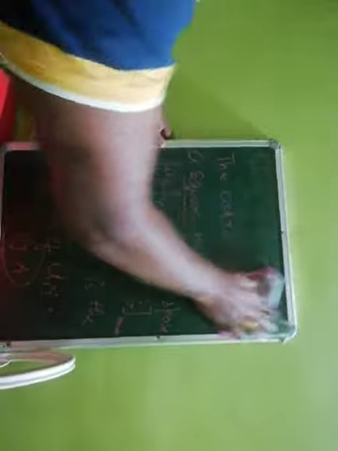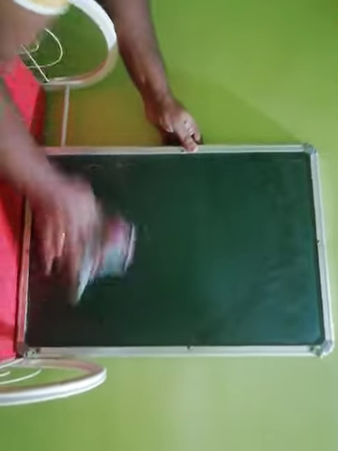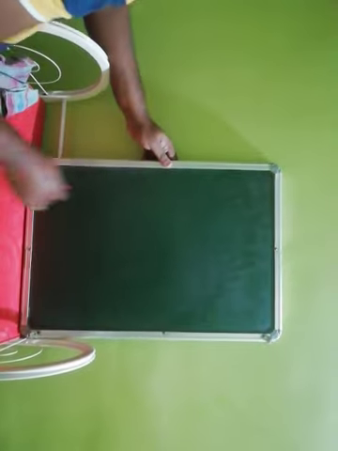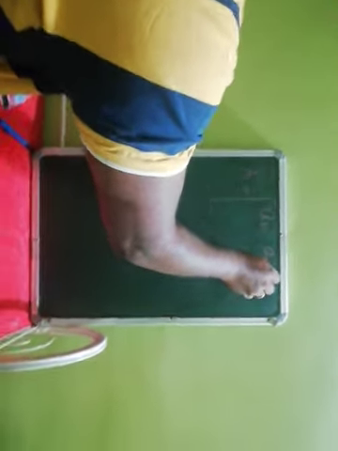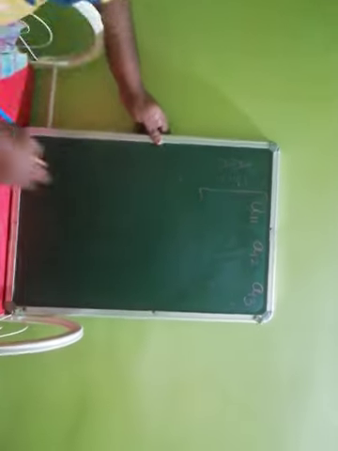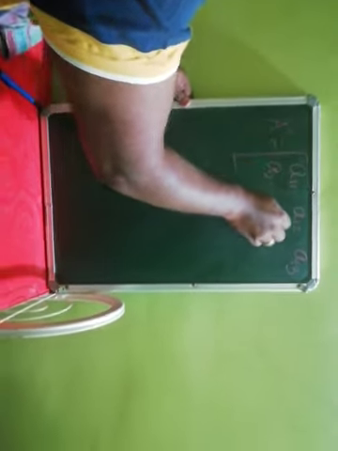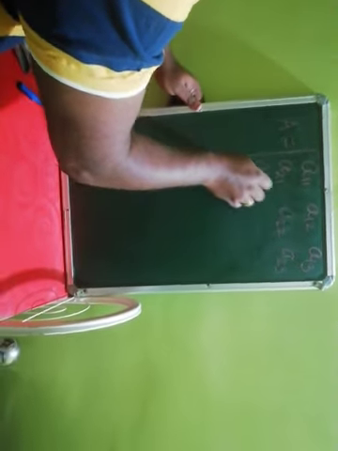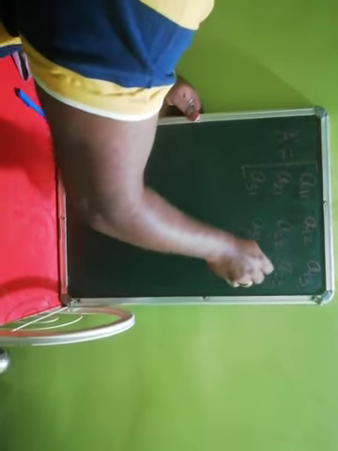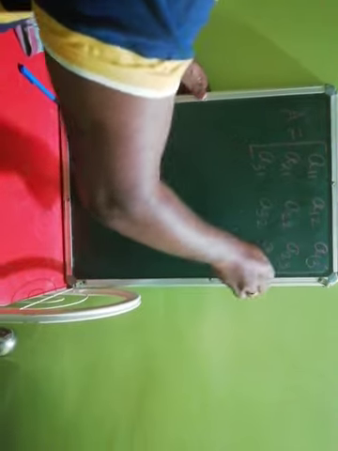Now let us see the adjoint of a square matrix of order 3. If we have a matrix A which is like this: a11, a12, a13, then a21, a22, a23, a31, a32, a33.